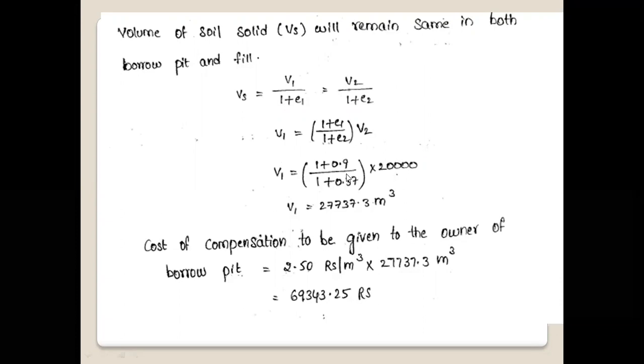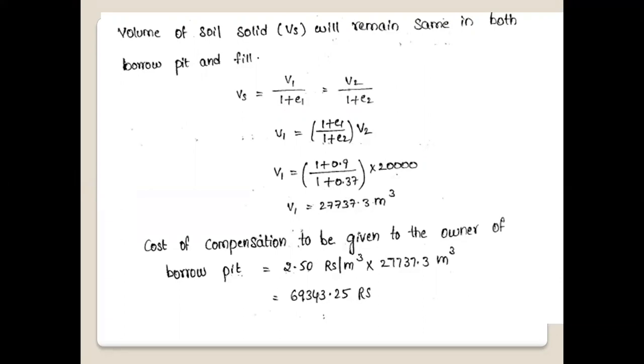So 1 plus E1 value is 0.9, 1 plus E2 value is 0.37, and V2 value is 20,000. Then substituting all values, finally volume V1 equal to 27,737.3 cubic meters.